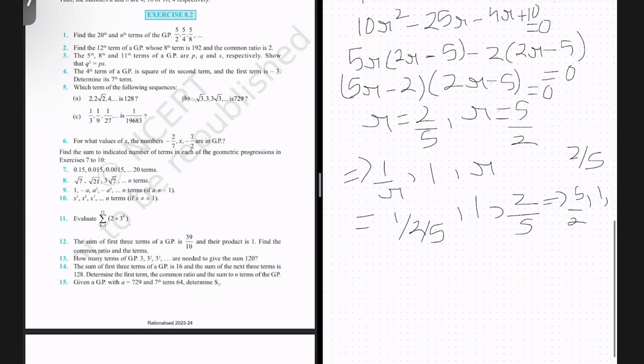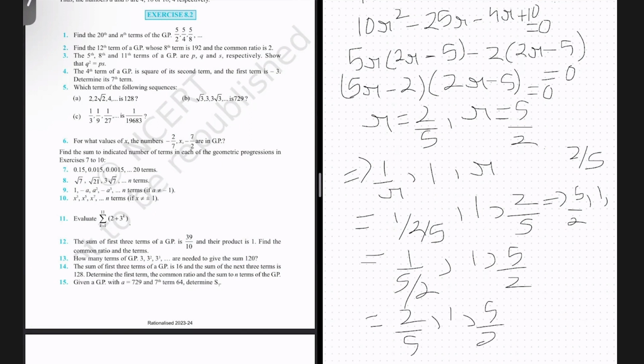If I use R equals 5 by 2, let us see what I then get. I have 1 by R, 1 and R, so my terms are 2 by 5, 1 and 5 by 2. In either case, my three terms are going to be the same.